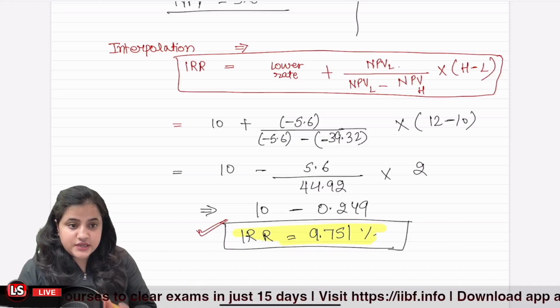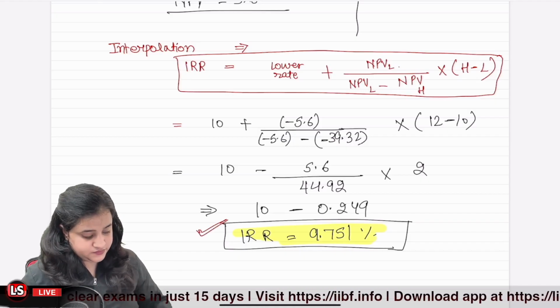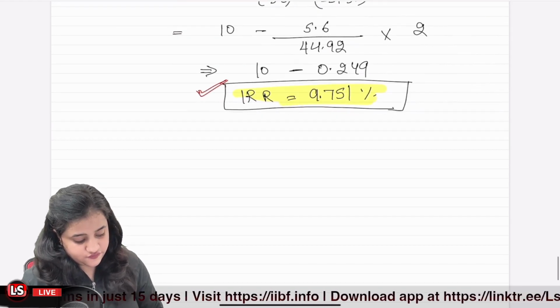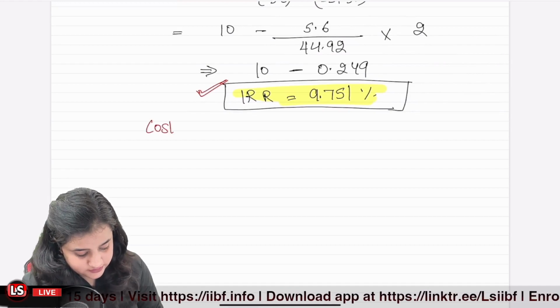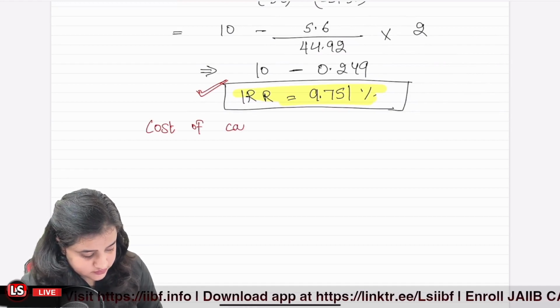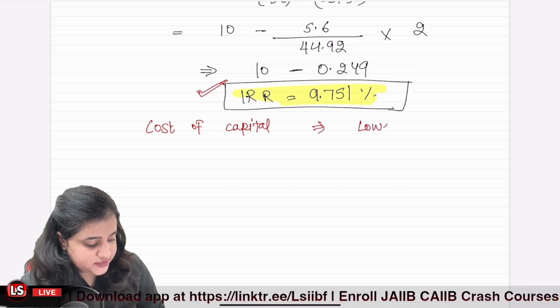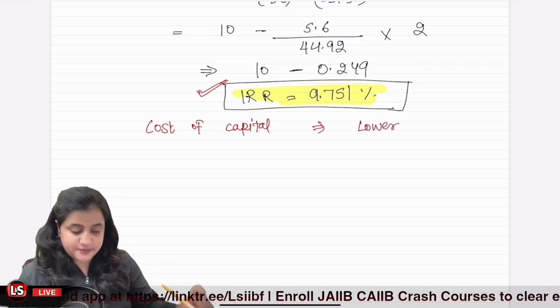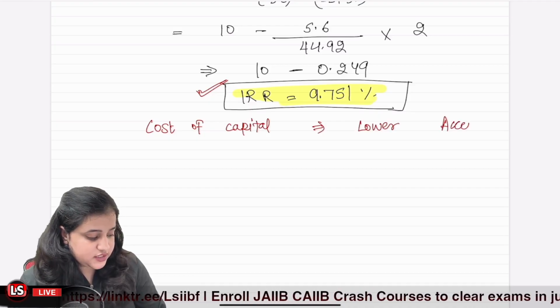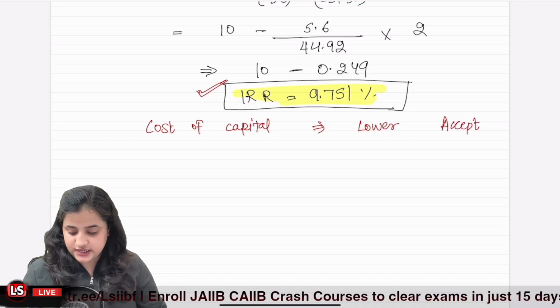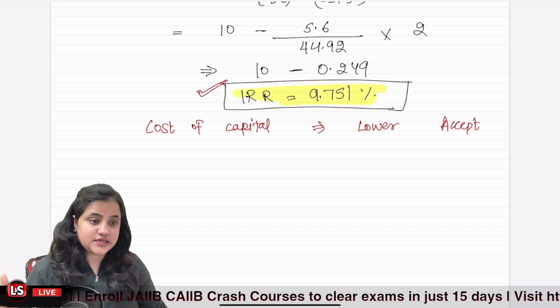What does this internal rate of return mean now? If the cost of capital is lower than this rate, then I accept the project. If the cost of capital is higher, then I reject this project.